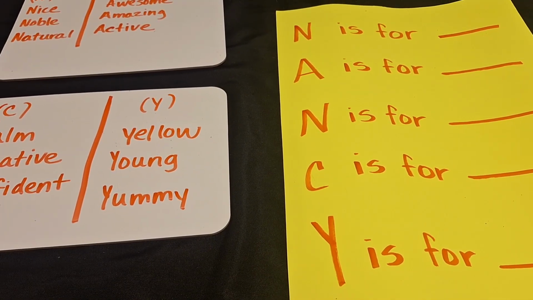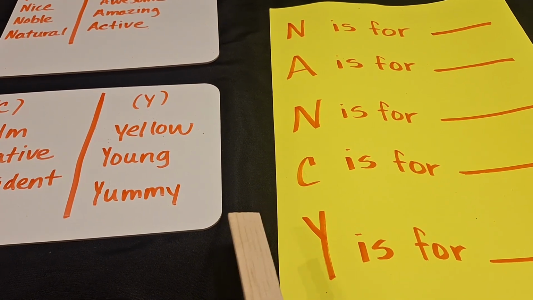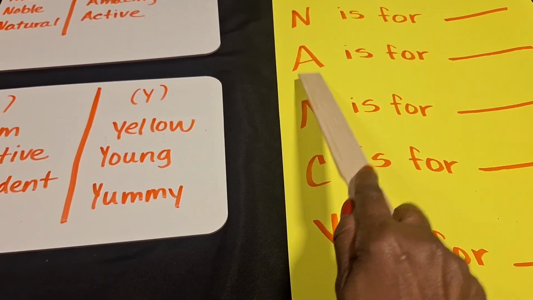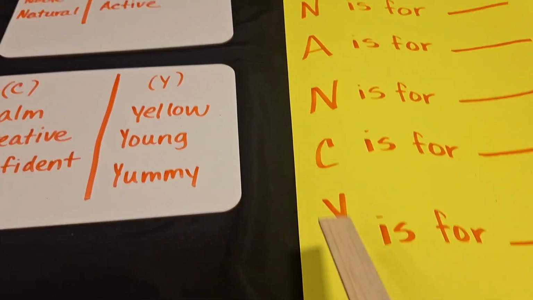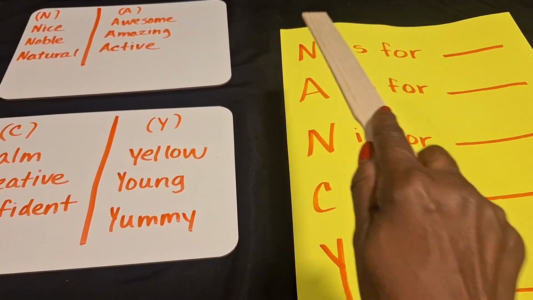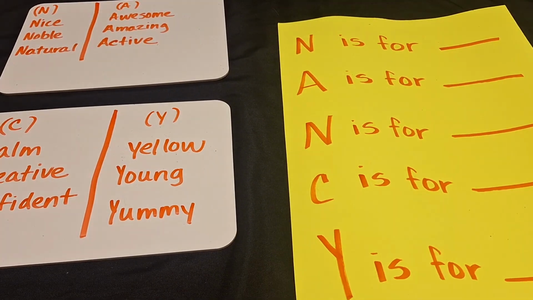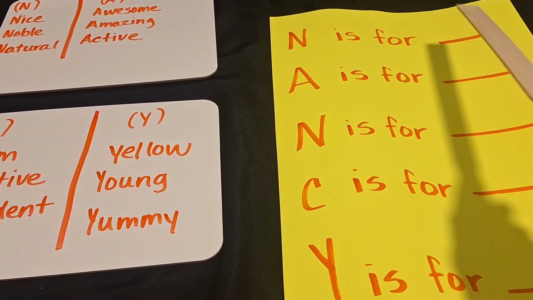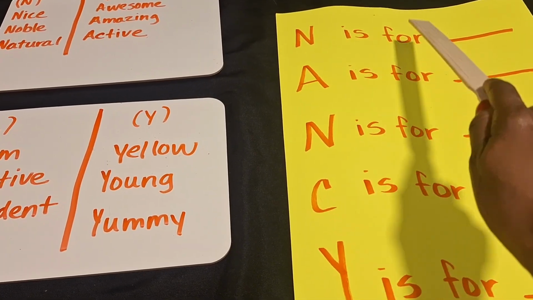So when you start an acrostic, you write your name vertically first, right? N-A-N-C-Y. If your name is Ben, then you would put B-E-N going down the paper vertically, right? Then you go across. N is for.